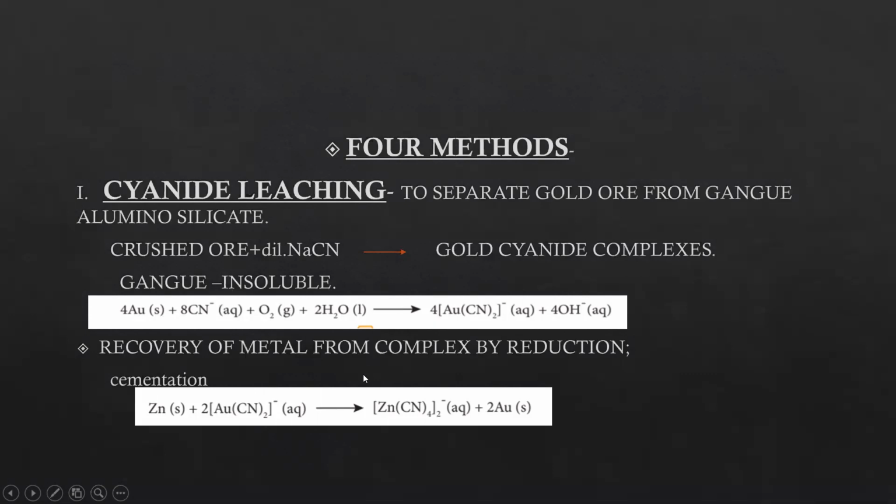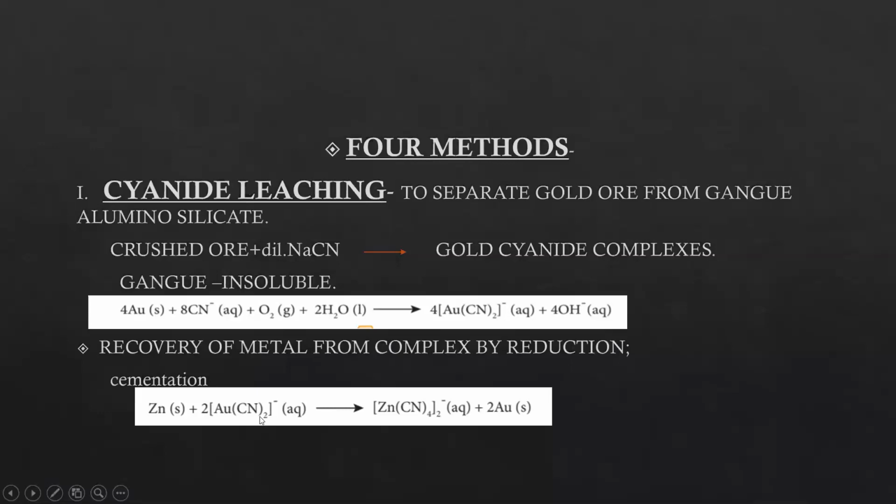So in the next step, we are mixing that complex with the zinc. So this step only we are calling it as the recovery of metal from complex by reduction. So already you know what is oxidation and what is reduction. So oxidation means loss of electron, reduction means gain of electron.